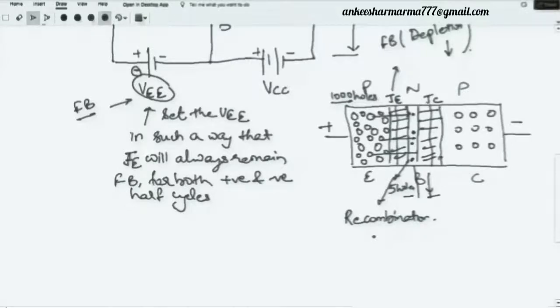If I discuss, as electrons are supplied from this part, so definitely this will be my direction of electron. So we will see here there is a current, I will say here my current is IB.